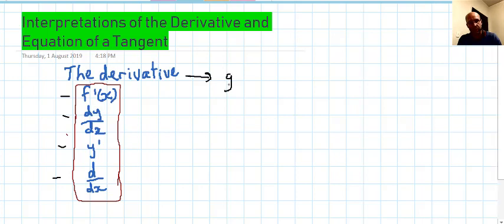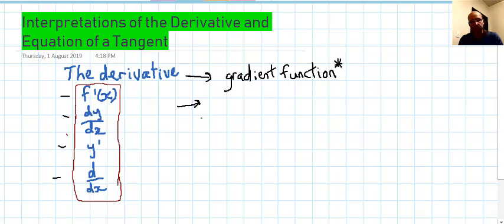If you take the derivative of a function, you get another function, and what you get is the gradient function. It's a function that describes the gradients of the original function at various points, at various values of x. In a minute I'm going to come back to this one and use some graphing software to show that.